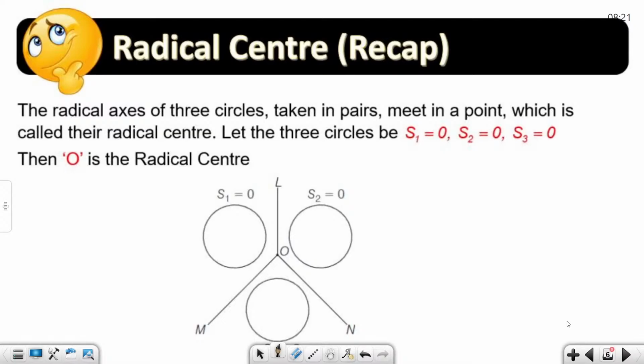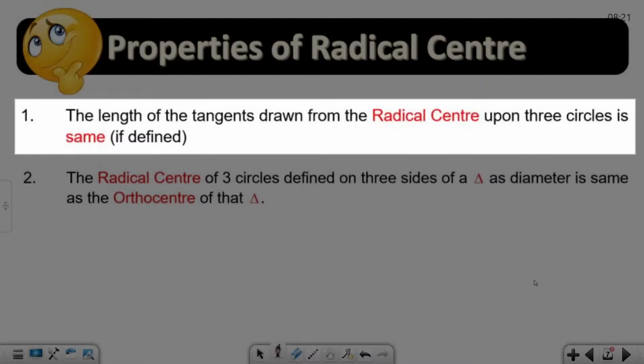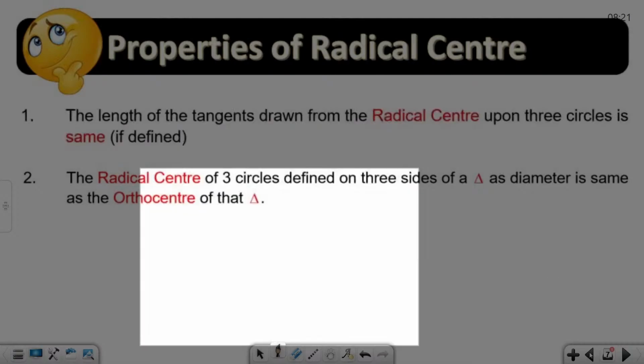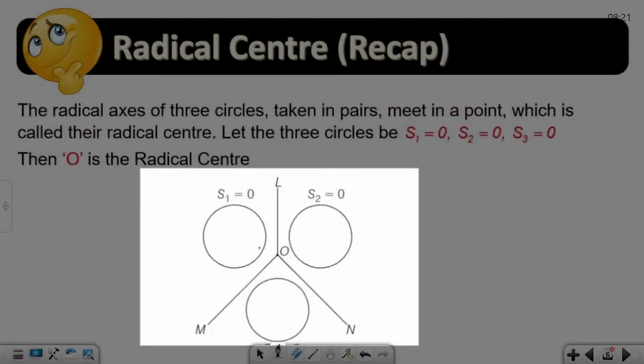Now let us discuss the properties of the radical center. The first property that we have learned is that the lengths of the tangents drawn from the radical center to the three circles are always the same. That is, from this point O, if you draw three tangents to these three circles, their lengths are going to be the same. Is it clear?